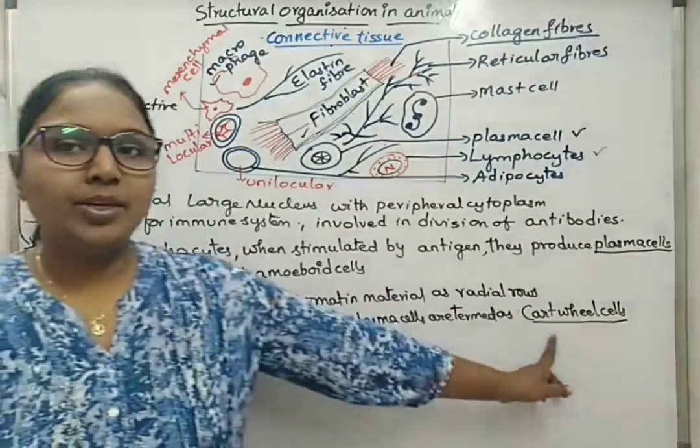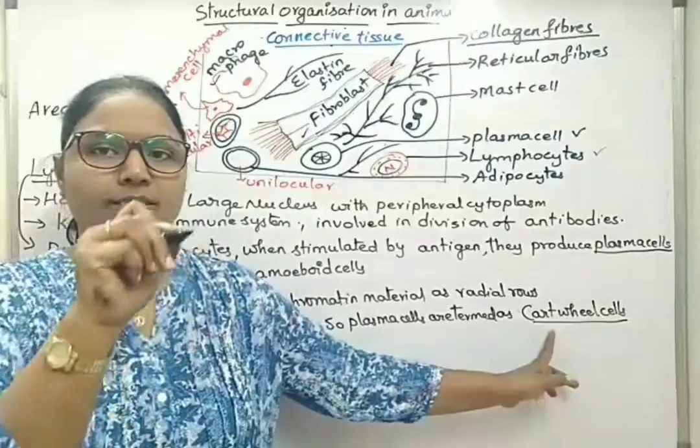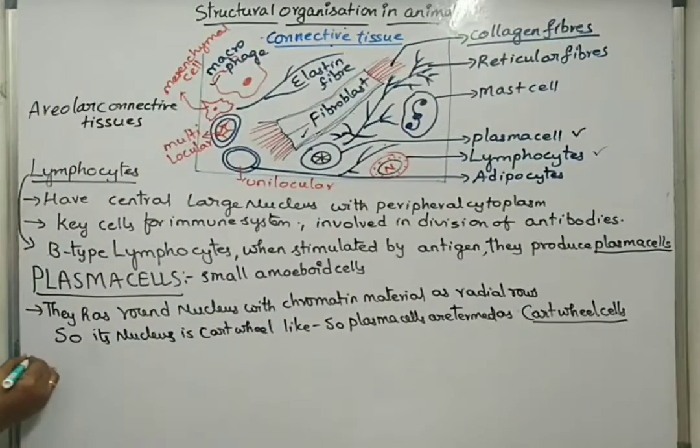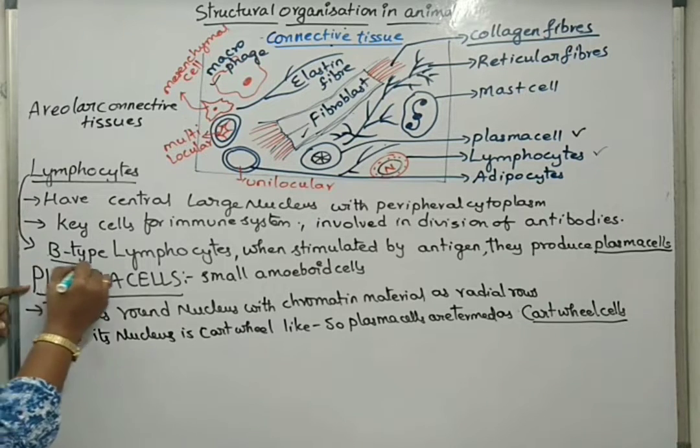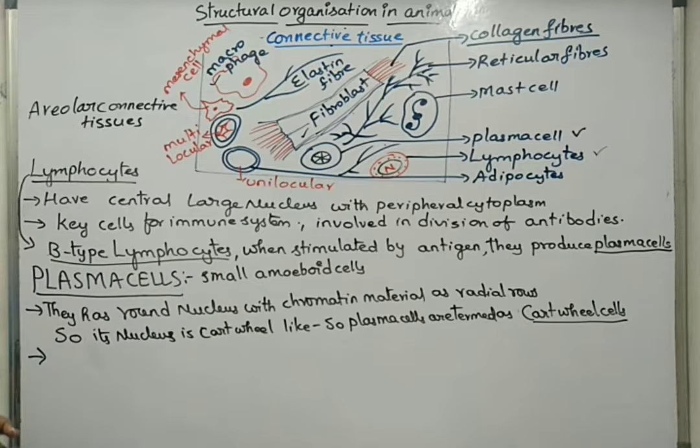We know that bullock cart is having round wheels. Next. Plasma cells are also said as clones of lymphocytes as they are derived from B type of lymphocytes. They produce and they transport antibodies.